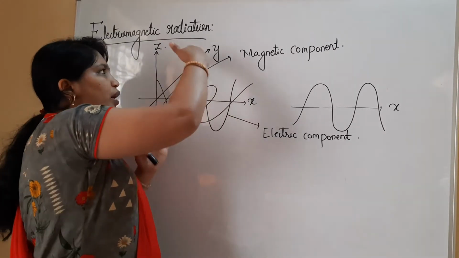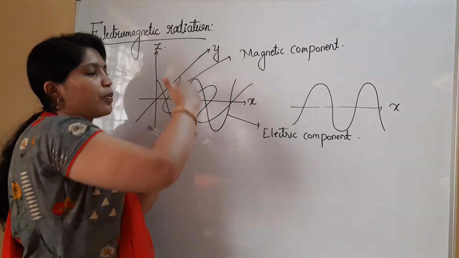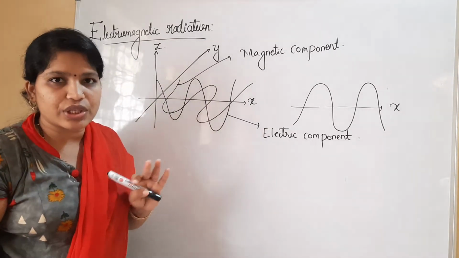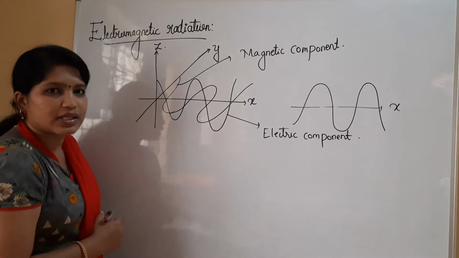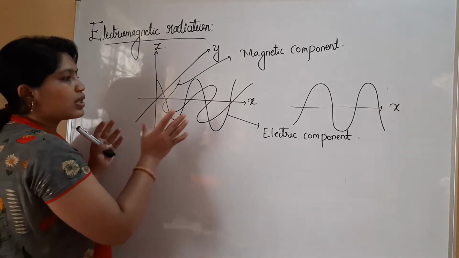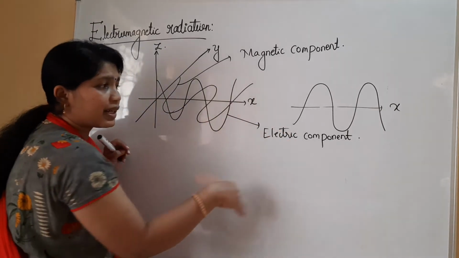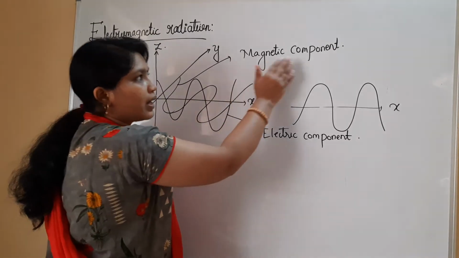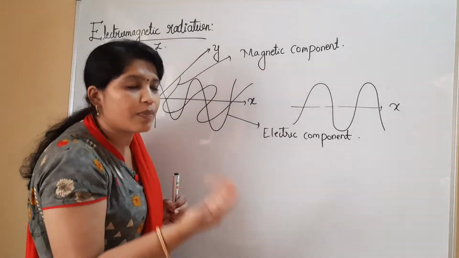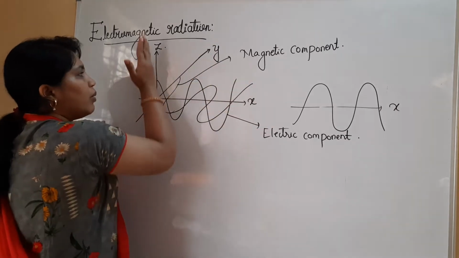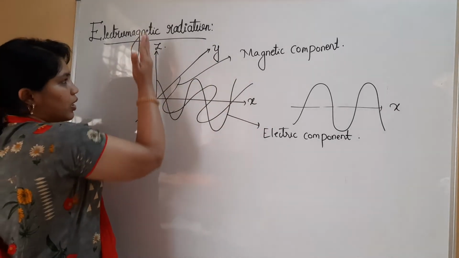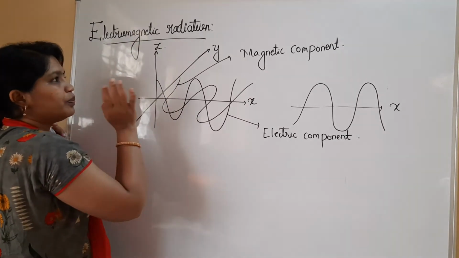Waves moving on the y axis will be perpendicular to the x axis, and vice versa. Now you can see the z axis here. In the z axis the electric component and the magnetic component fuse together and vibrate in a vertical fashion.